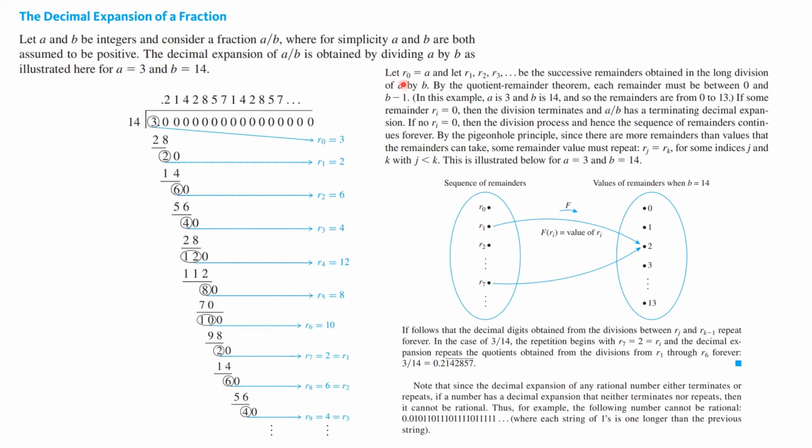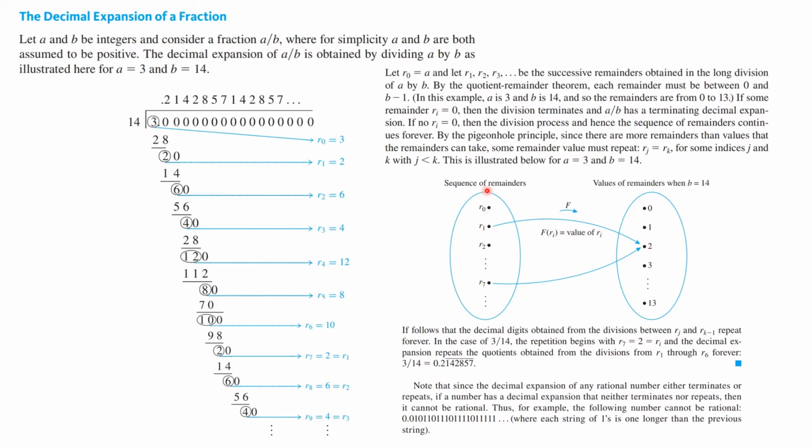Okay, so we let R0 equal A, and the rest of these be the remainders that are possible when we divide by this. So in this case, we would get remainders 0 through 13. This is the sequence of remainders that go along when we're dividing.